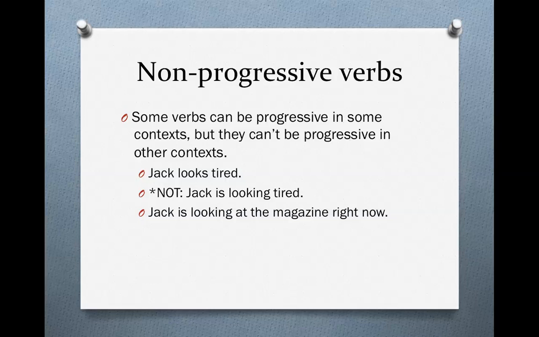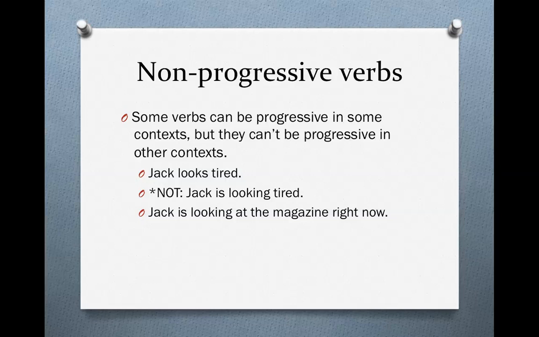I cannot say, Jack is looking tired. In this case, look kind of means the same thing as the verb be. So when I say Jack looks tired, it's kind of like saying Jack is tired. It's describing something about him. And since I'm just describing Jack, I can't use a progressive verb.